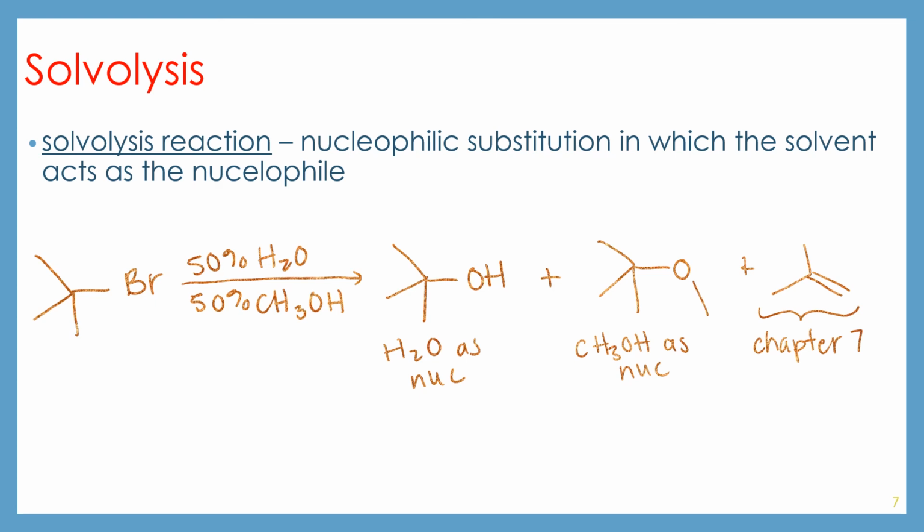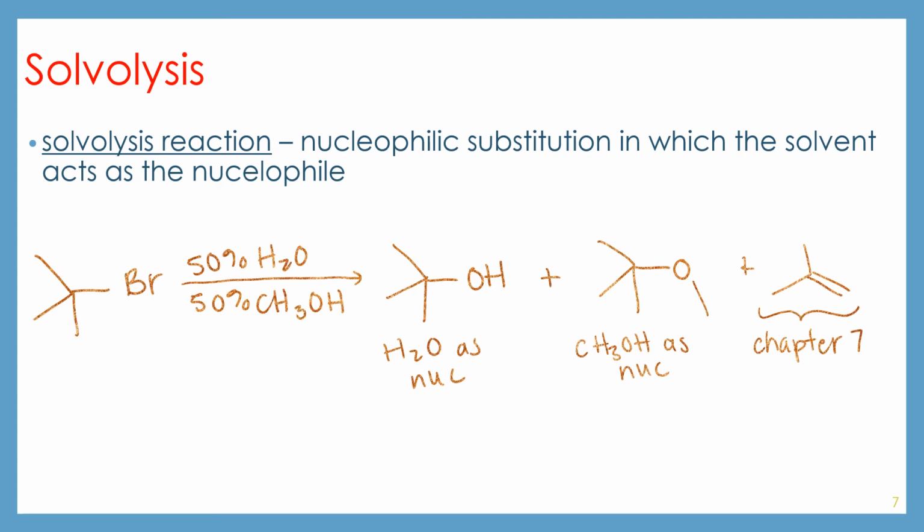So in these reactions, typically you have a very large excess of the solvent, and then you have your substrate. In this example below, it's a 50-50 mixture of water and methanol. And you might recall from when we first learned about alcohols that alcohols are very, very similar to water as far as their chemical reactivity goes. And so they are both able to act as the nucleophile.